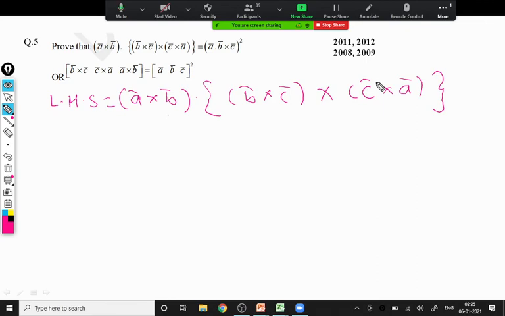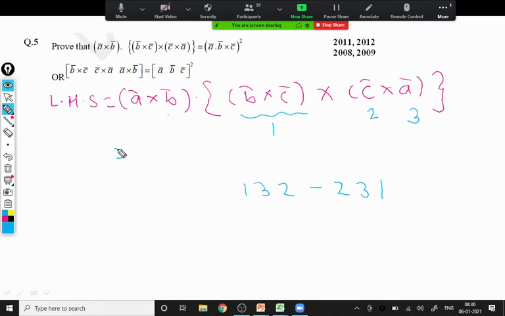There are multiple ways. If you remember that 123 formula, you can consider this as 1, this as 2, and this as 3, and we know the formula: 123 is 132 minus 231.